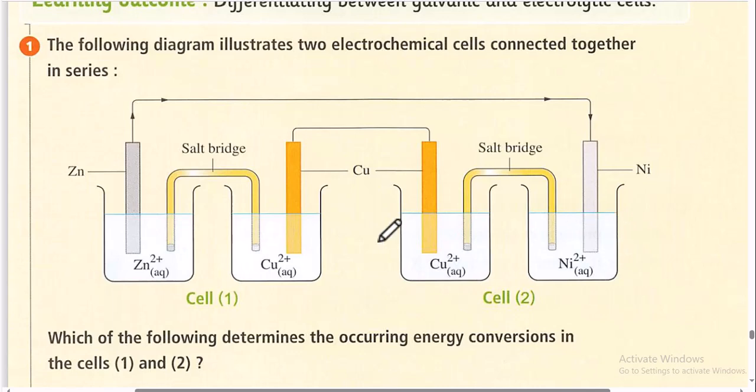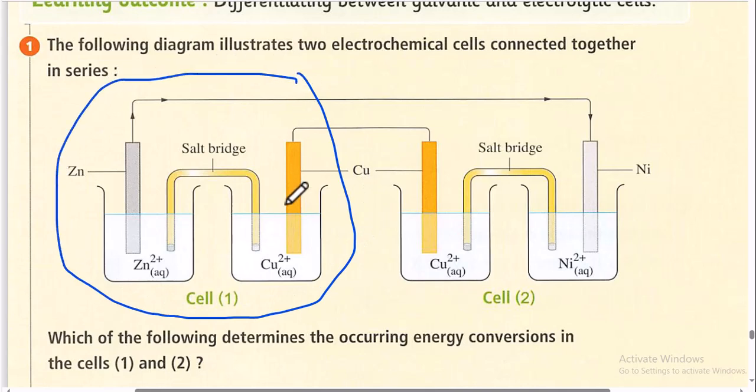If the first cell shows that zinc is oxidized as it leaves electrons to the outer wire, oxidized means it acts as the anode. So in this cell, between copper and zinc, zinc acts as the anode, and it is the more active electrode.